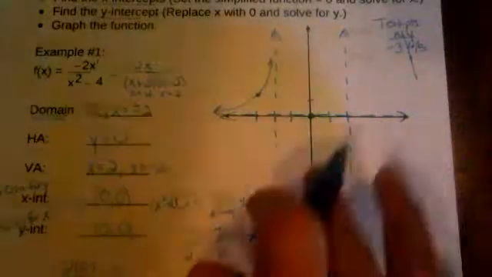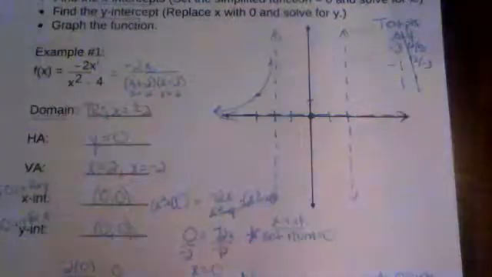So now we want to do that for the center section, but since we don't know if it's coming from the top or the bottom, we're going to try negative 1, and we'll also try positive 1 on the other side of our point. So when I put in negative 1, negative 2 times negative 1 would be positive 2. And negative 1 squared is 1, minus 4 would be negative 3. So I get negative 2/3.